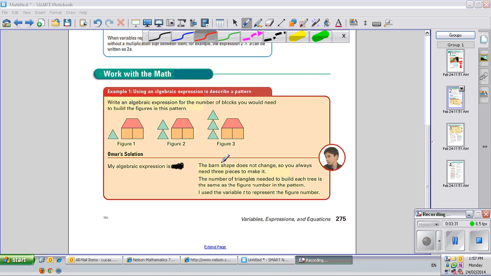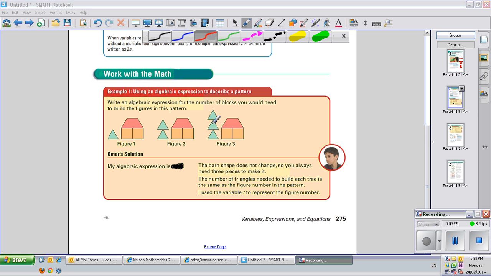In our next example, we will compare the same things. So in figure 1, we have one triangle, two rectangles, and a trapezoid. In figure 2, we have two triangles, two rectangles, and a trapezoid.